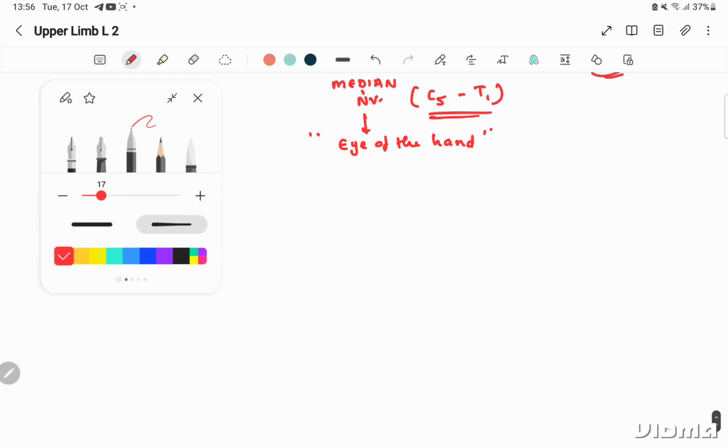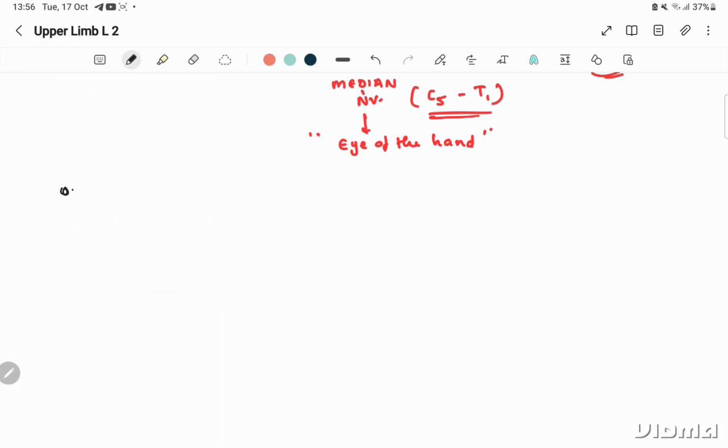So just you can write the course. It originates from the medial cord and lateral cord of the brachial plexus. Then it descends lateral to the brachial artery.